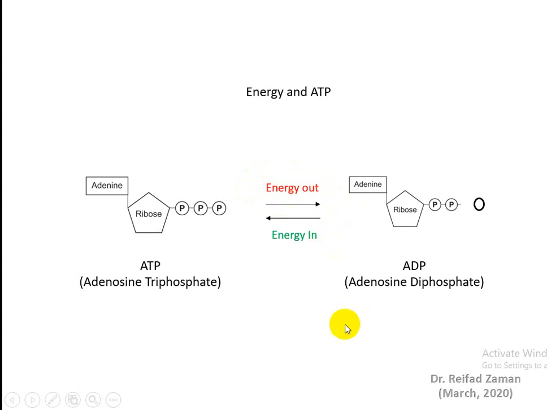And when there is an input of energy, the ADP and phosphate join together to reform the ATP. So when ATP breaks down we get energy, and when we give energy, ADP and phosphate combine to give ATP.